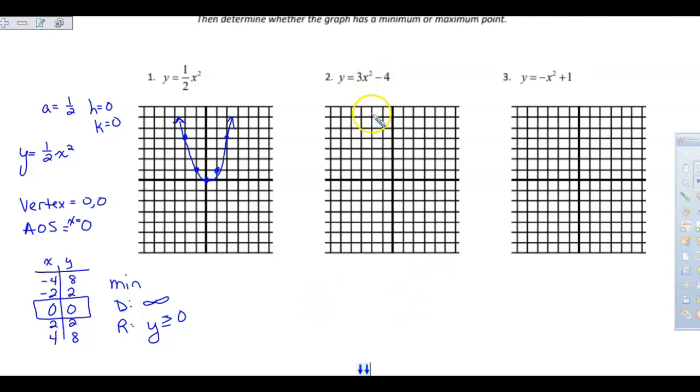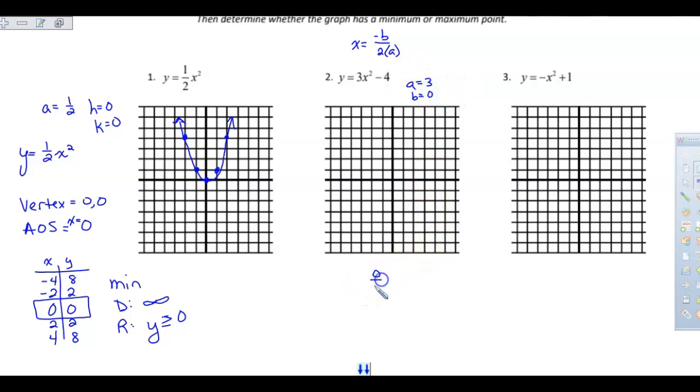Take a look at number 2. I have 3x squared minus 4. It doesn't give me much more information than that, so I can use that formula where x is the negative, or opposite, of b over 2 times a. We know that a is 3, and b, in this case, there's no x term, so it is 0.